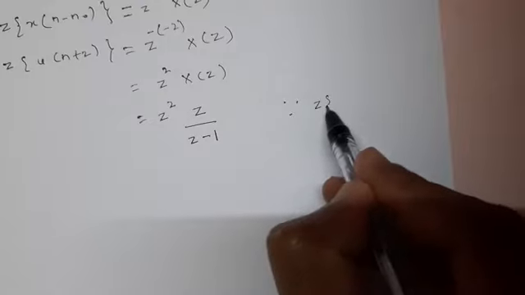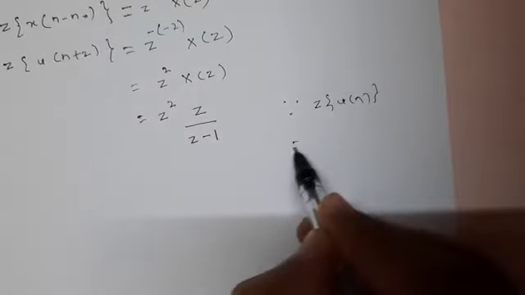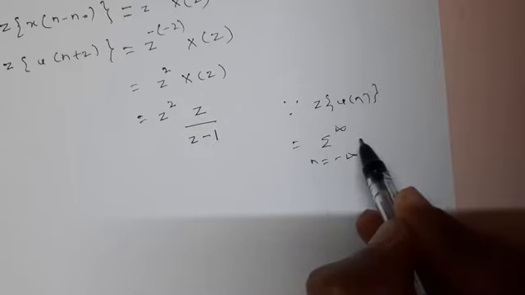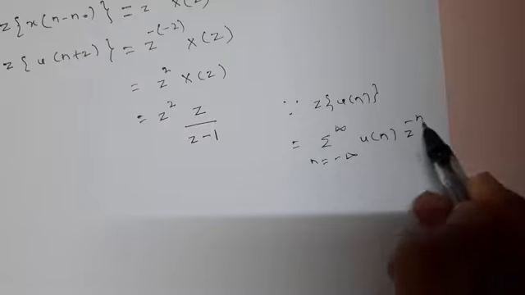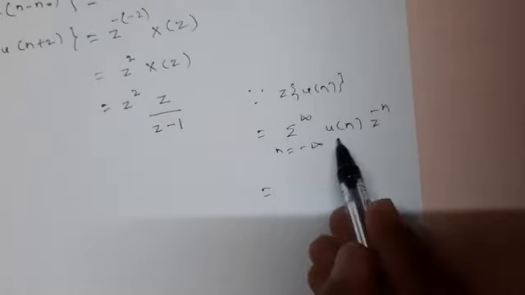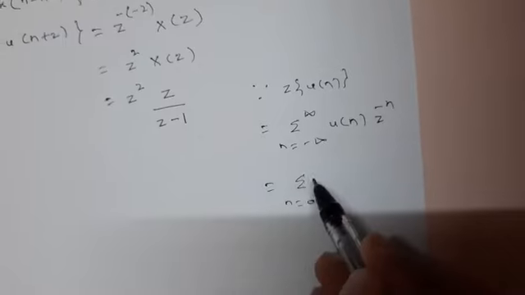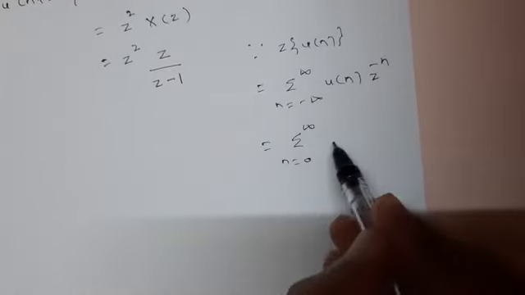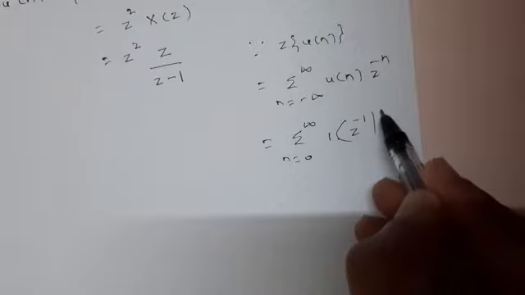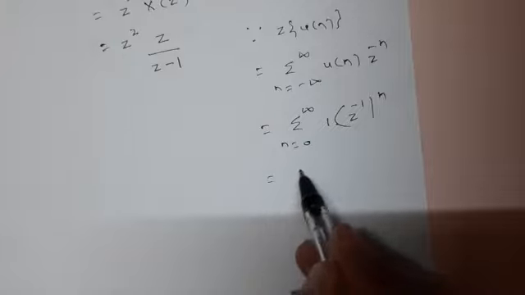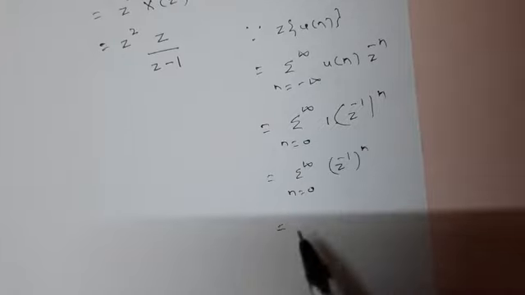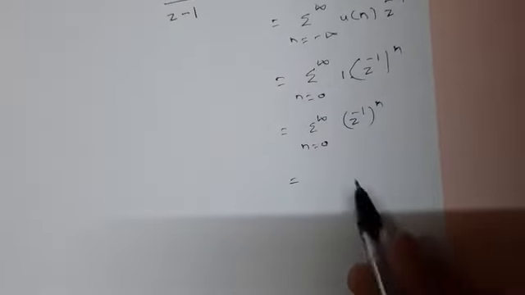Z transform of u of n is summation n equal to minus infinity to plus infinity of u of n z to the power minus n, which is summation n equal to 0 to infinity of z to the minus 1 to the power n, which is summation n equal to 0 to infinity of z inverse to the power n, which is the a to the power n formula.